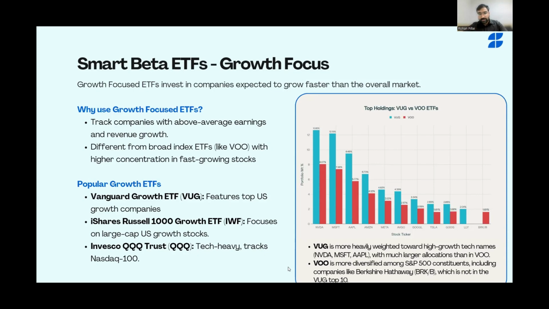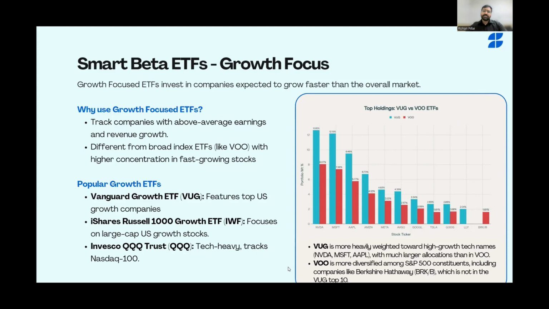If you look at the chart on the right, you will see the broad index ETF like VOO with a higher concentration in fast growing stocks like Nvidia, Microsoft, and Apple. And if you compare it with VUG, it's heavily weighted towards innovators. And some of the holdings include Microsoft, Nvidia, Apple.